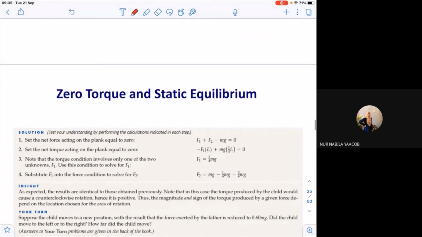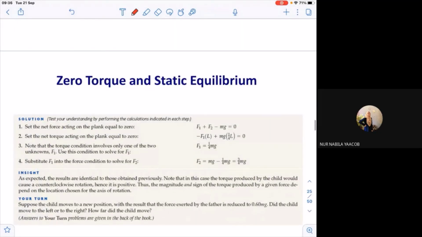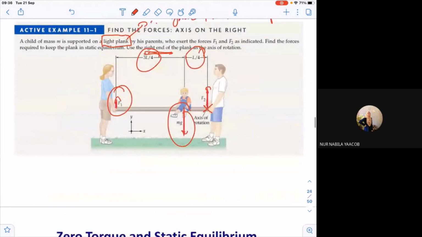If you look carefully, because the forces are all in the x and y axis, they first use the summation of Fy equals 0. So F1 going up, F2 going up, minus mg going down, equals 0. Another equation is the summation of torque equals 0, which is negative F1 L. How can I get negative?